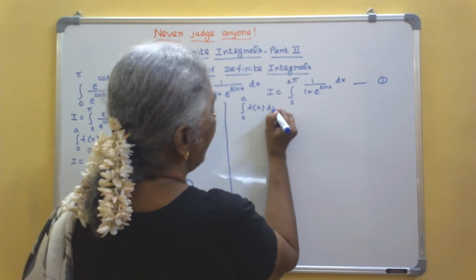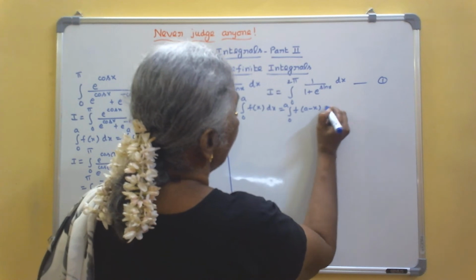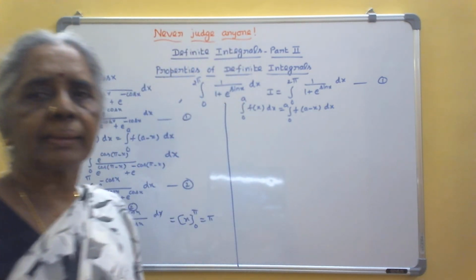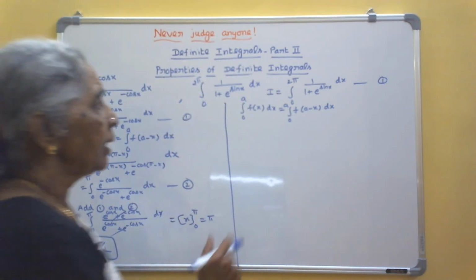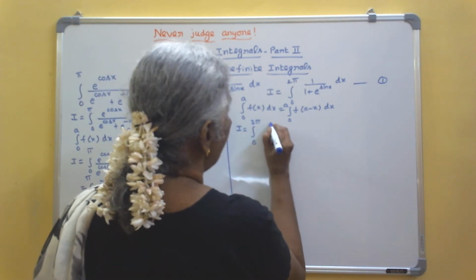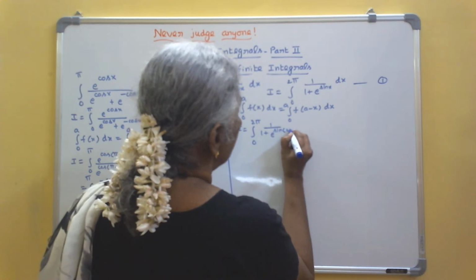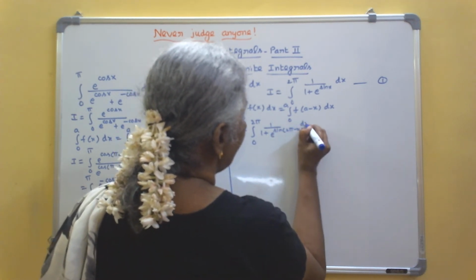Now let us apply the property: integral 0 to a f of x dx is equal to integral 0 to a f of a minus x dx. So now we will get I is equal to integral 0 to 2 pi 1 by 1 plus e power sin(2 pi minus x) dx.